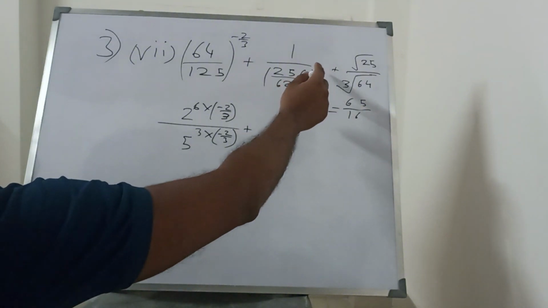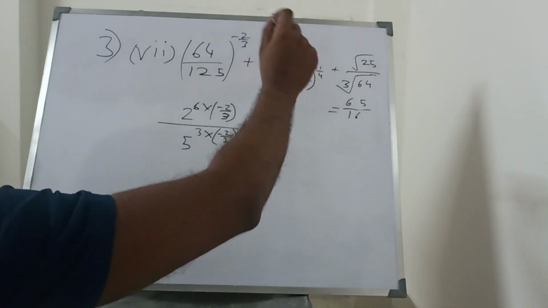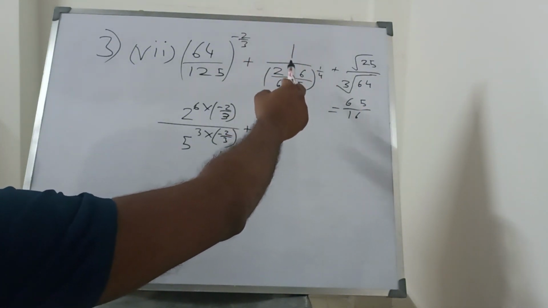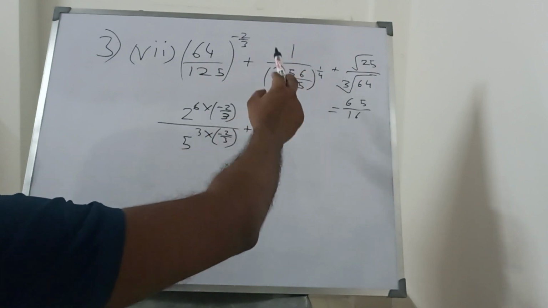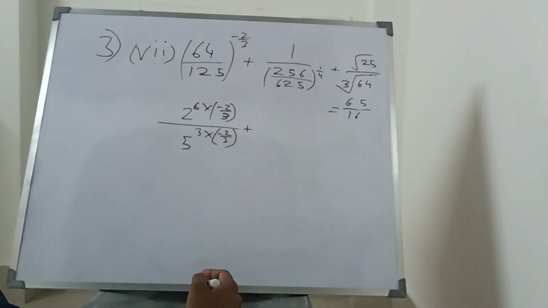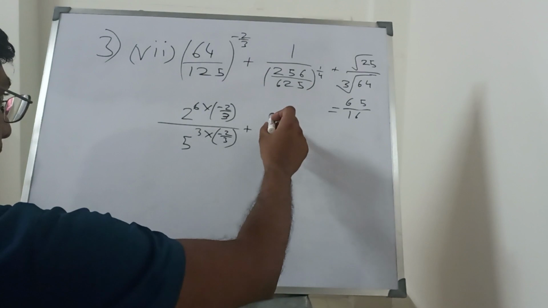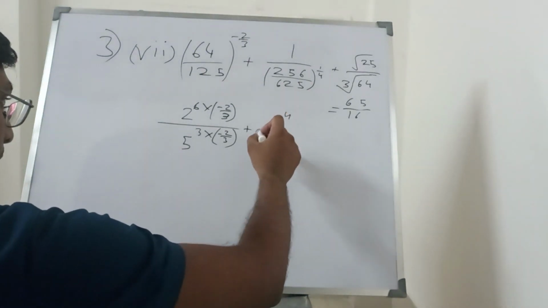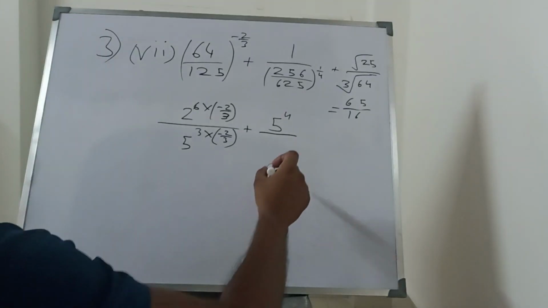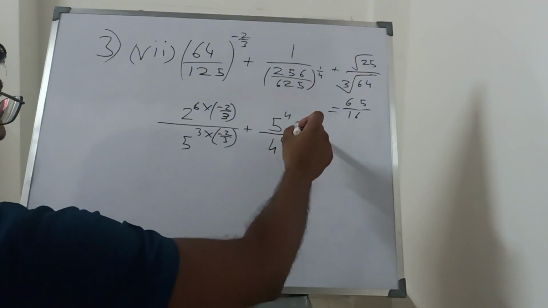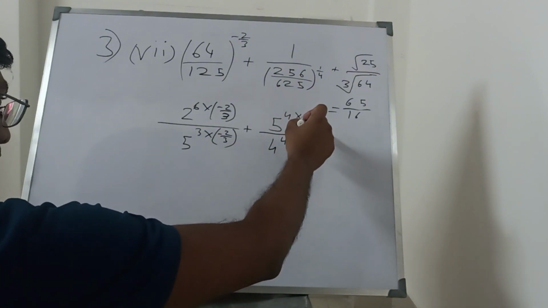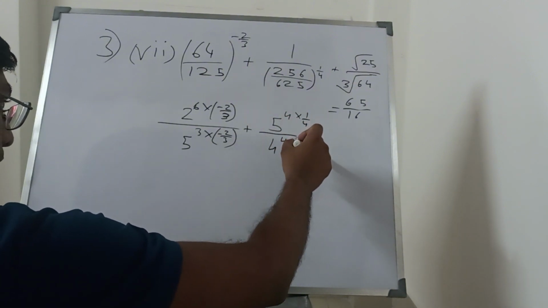If I take the power and then do the reciprocal, it will be 625 divided by 256 to the power 1 by 4. So 625 is nothing but 5 to the power 4, and then it's 4 to the power 4, then the power gets multiplied as 1 by 4 into 1 by 4.